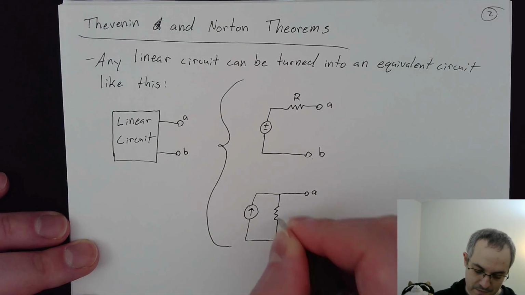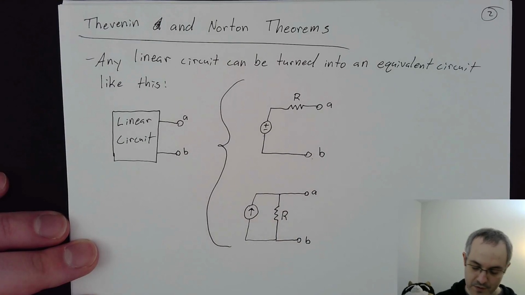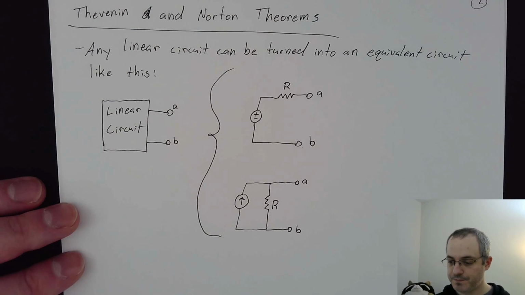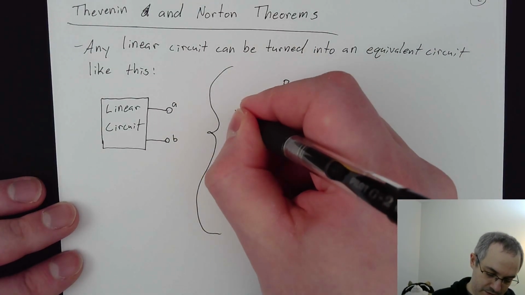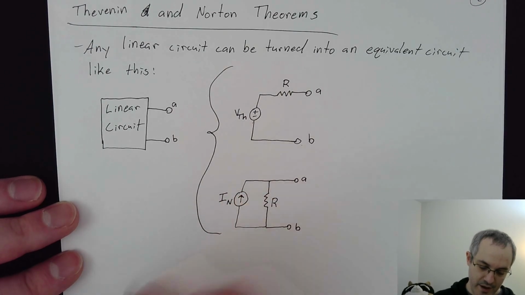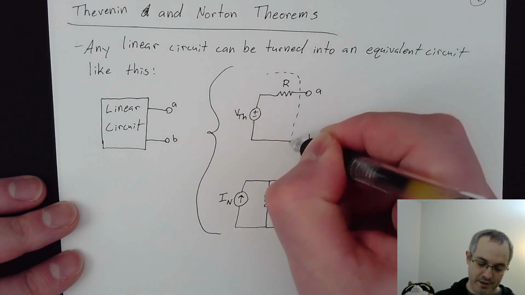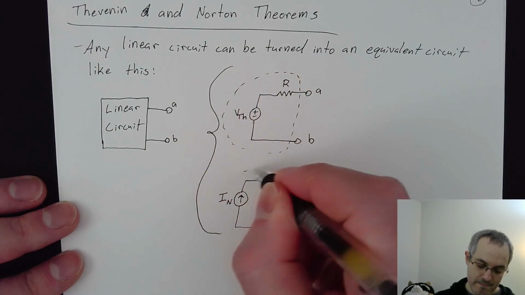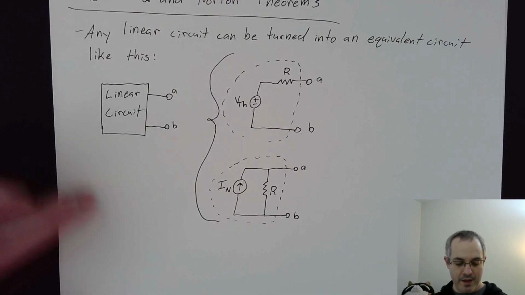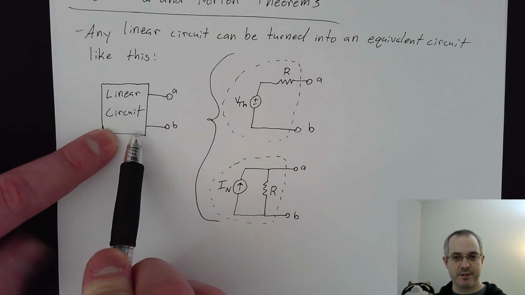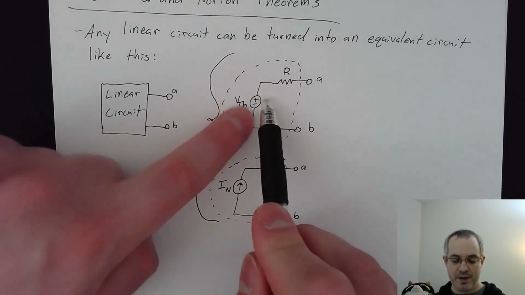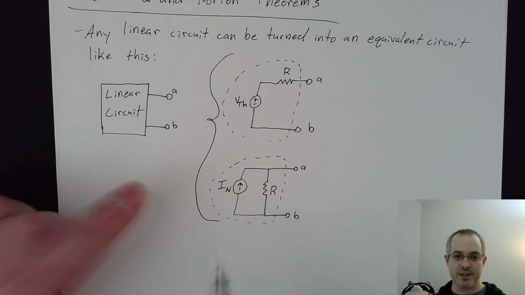Doesn't matter to me, since they are equivalent. Those resistors are going to be equivalent, of course, because of source transformation. The voltage, we'll call it VTH, and the current source, we will call it IN. And so here, put a dotted box, is what we have done to the linear circuit. So the linear circuit was in this solid box with A and B coming out. We've replaced everything inside of this box with just the stuff inside of the dotted blobs.